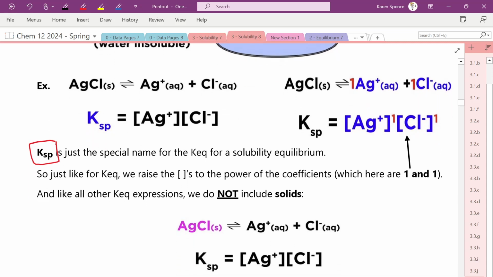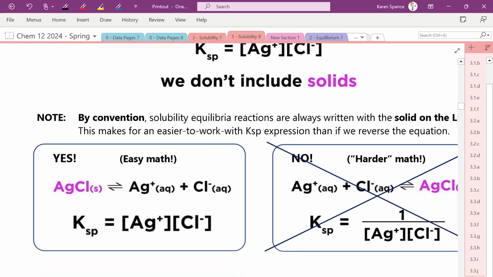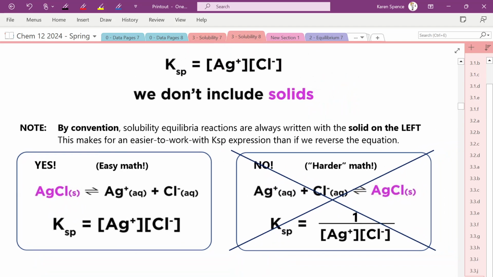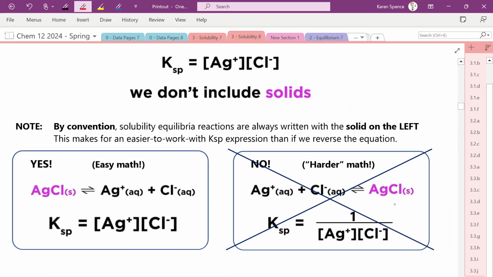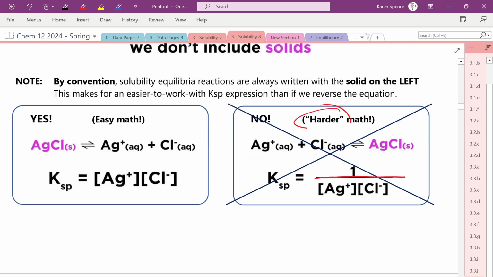And let's just take a look and see why we don't write the solid on the right. We don't write the solid on the right because that would put our ion concentrations in the denominator. And it would make for somewhat harder math. I mean, it's not that hard, but it's a little bit harder, yes? Right? You have to take a reciprocal and do things. It's just more work. So let's not do more work.